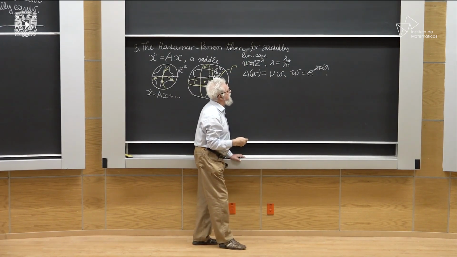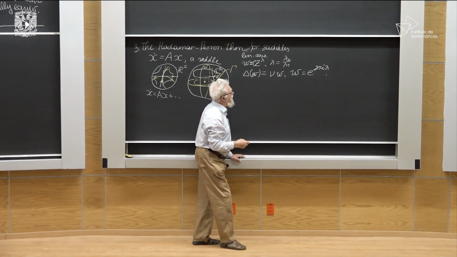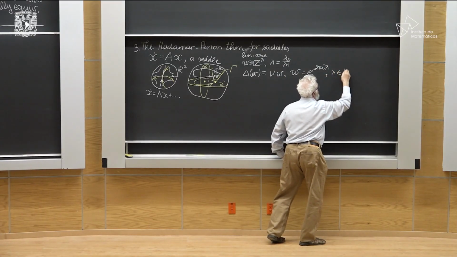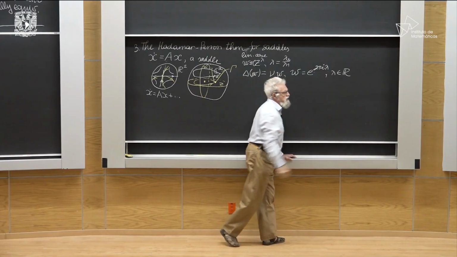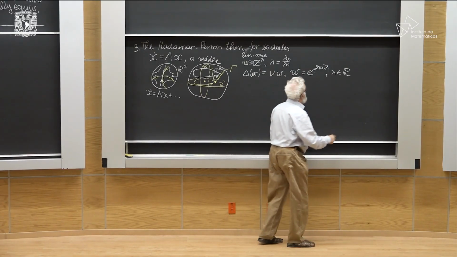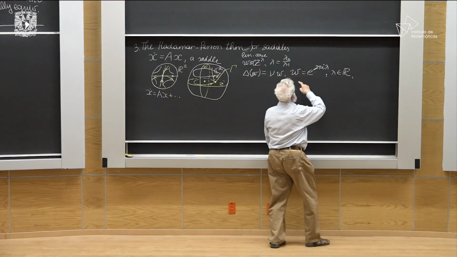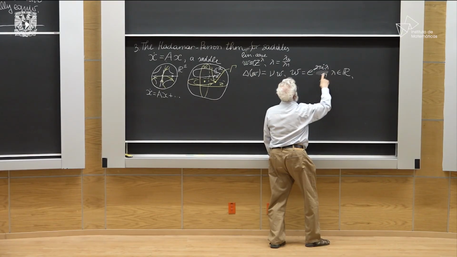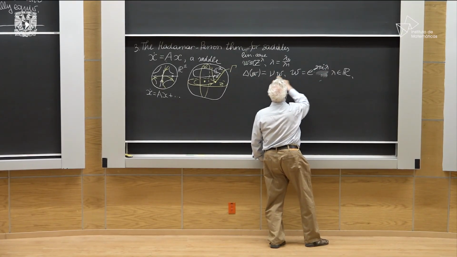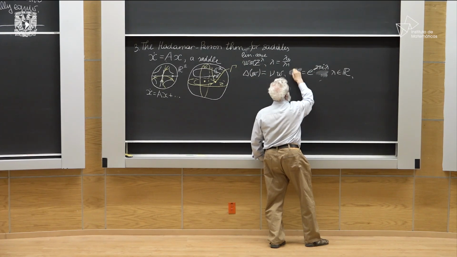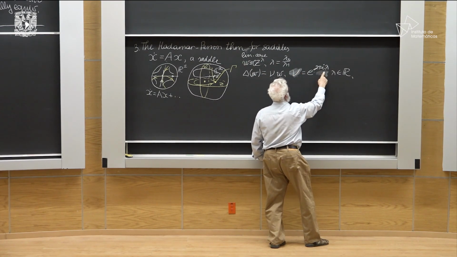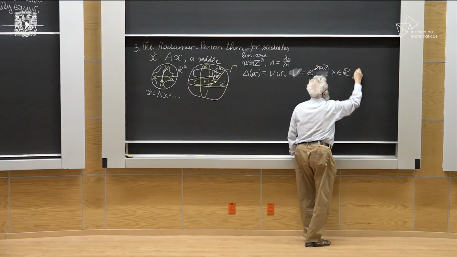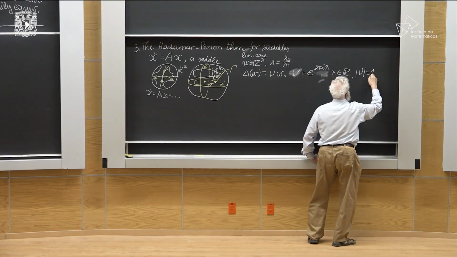In the case of the real saddle, lambda is real. The exponent is pure imaginary, and therefore nu equals this thing. Lambda is real, and therefore the magnitude of nu is equal to 1.